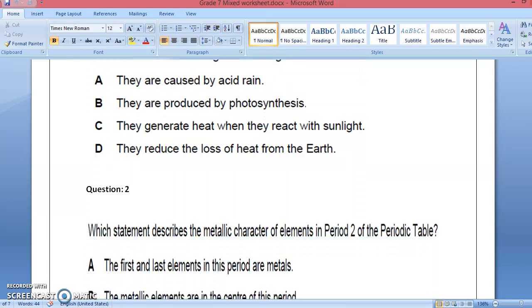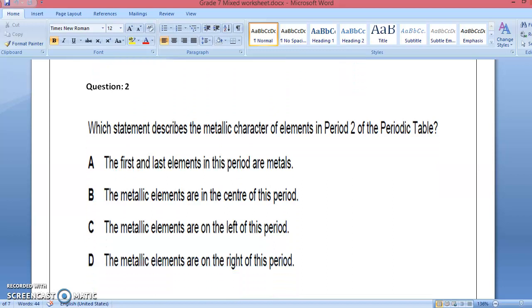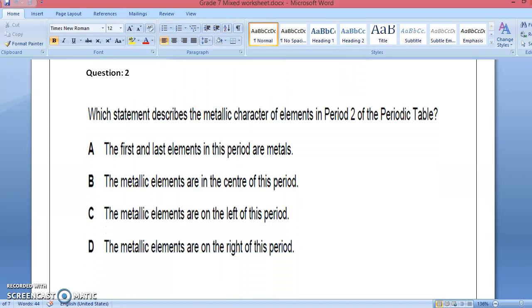Now let's come to question number 2. Which statement describes the metallic character of elements in period 2 of the periodic table? Now, we know that the horizontal lines, that is called the period.